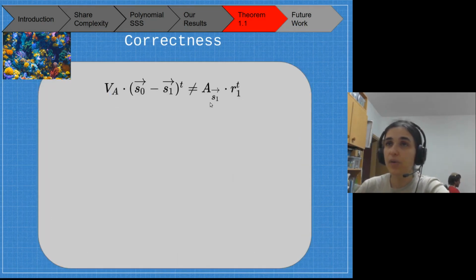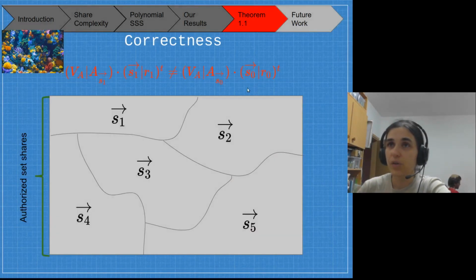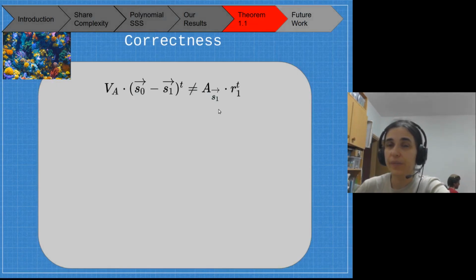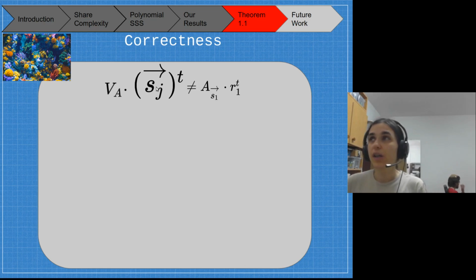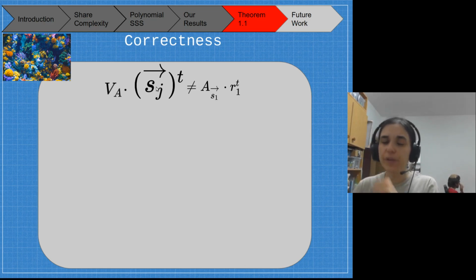Now let us do the following trick. If the previous thing holds, then in particular it holds for R0, which is the zero vector. So substituting that, we get this inequality for every S0. Now, because it's for every S0, for every single secret vector we can match an S1 such that this difference equals this vector, Sj.